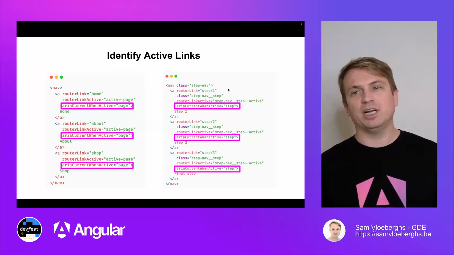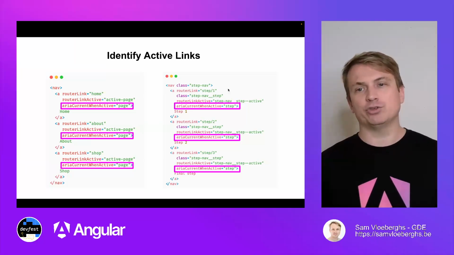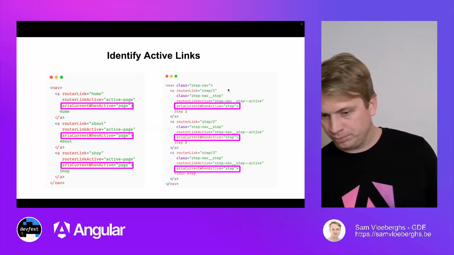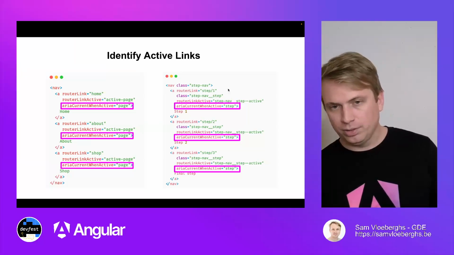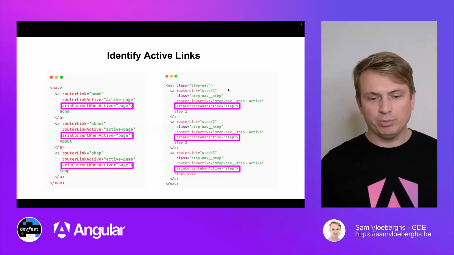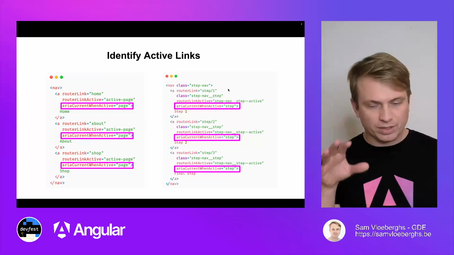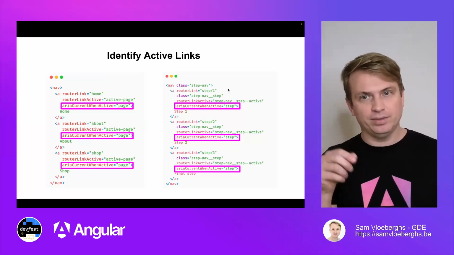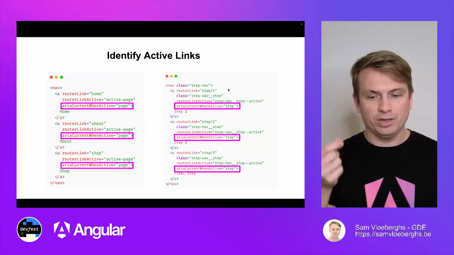And in the other example, we can indicate which step is currently active when going through a step-by-step process. So do not be confused by these examples as they all have the ARIA current when active. This is just an Angular directive that will set the ARIA current label as soon as you are on that page.